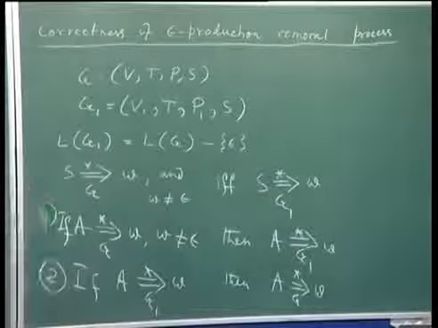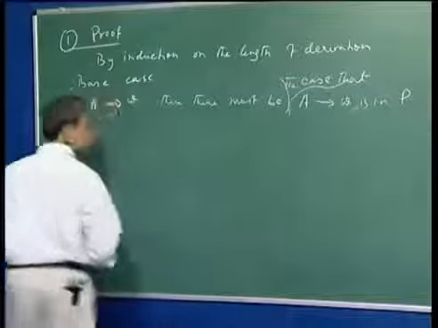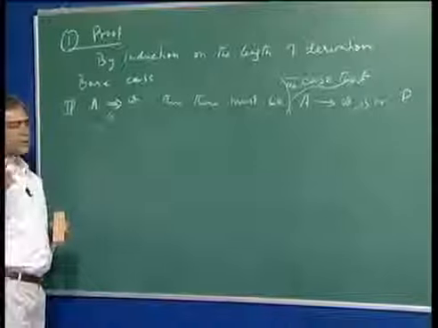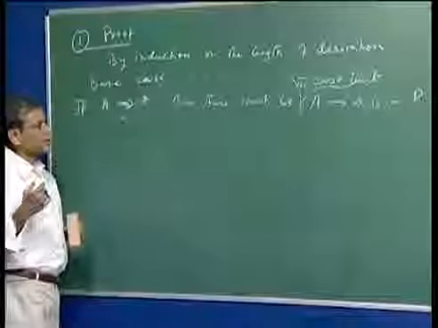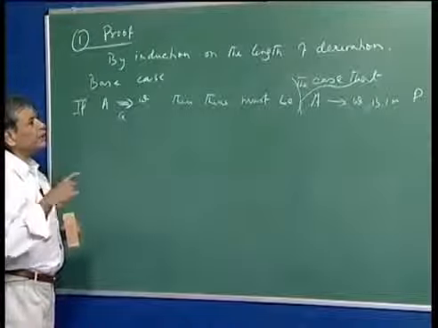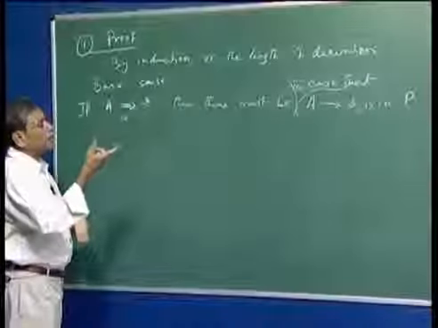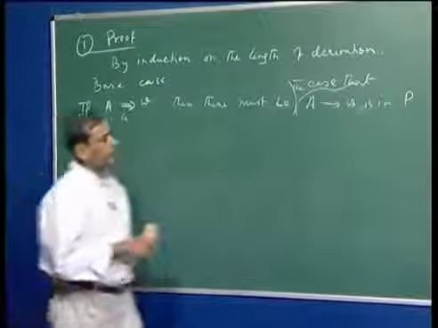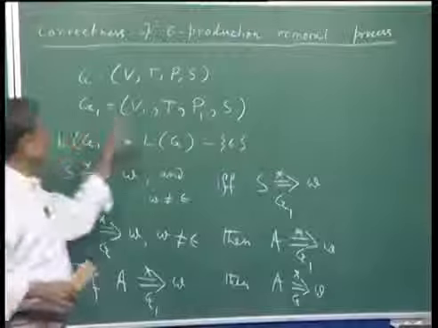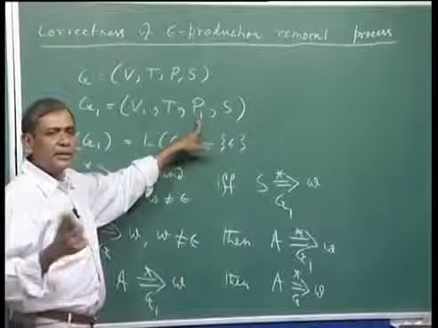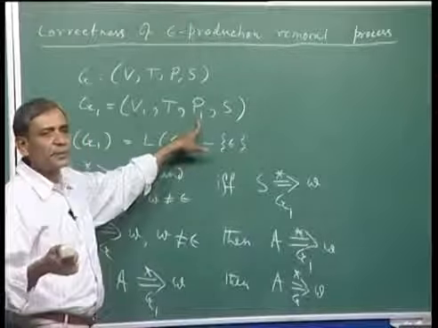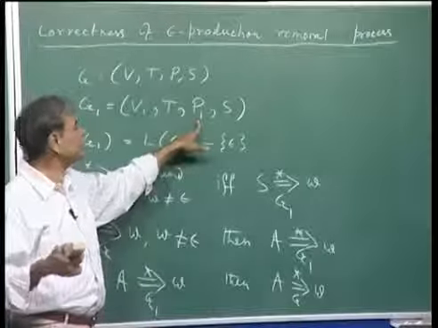So, this production would not have been removed. The process that we discussed of getting the set of productions for this new grammar G1 removed all the epsilon productions and added some other productions.